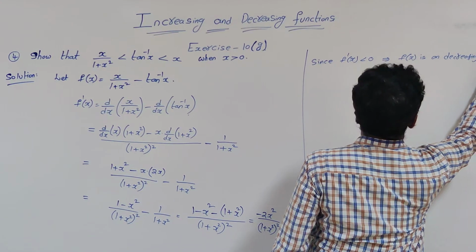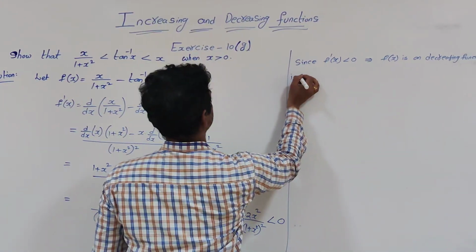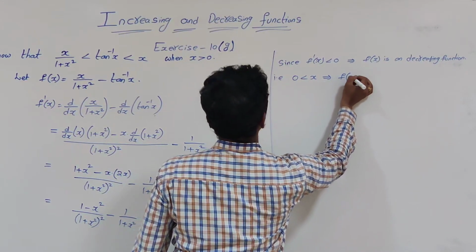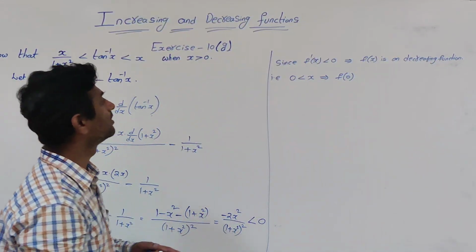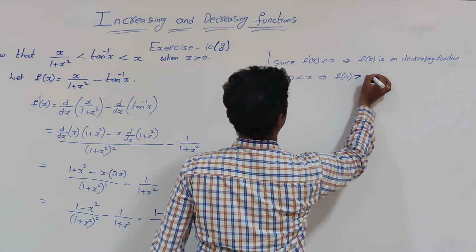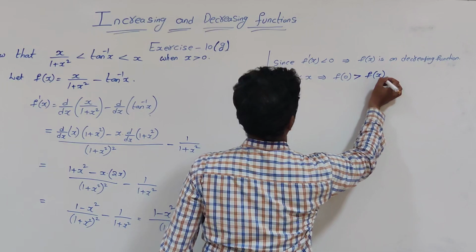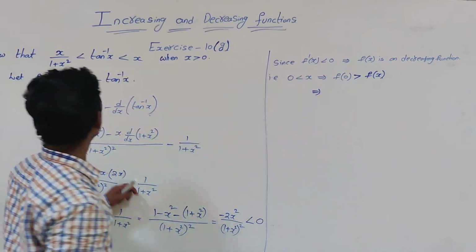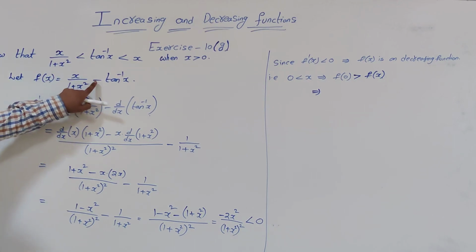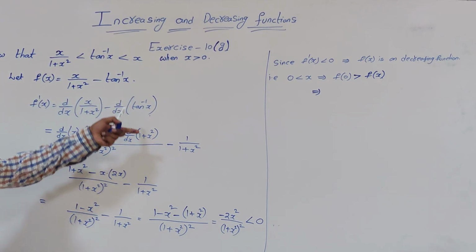Now we apply the definition, that is 0 is less than x implies f of 0 should be greater than f of x. So what is f of 0? 0 by 1 plus 0 square means 0, minus tan inverse of 0 is 0.